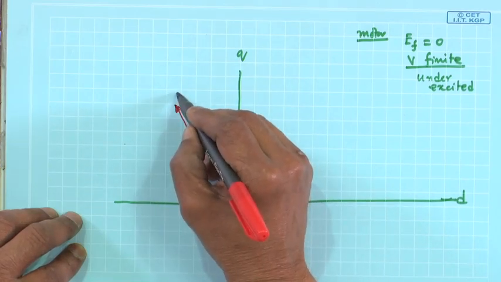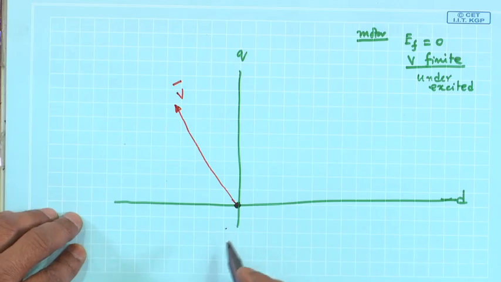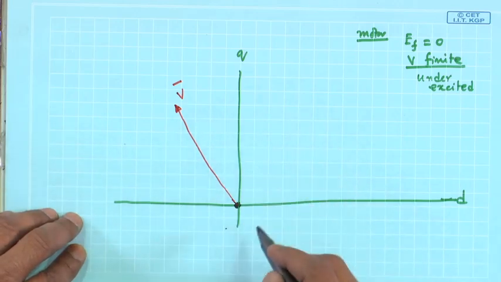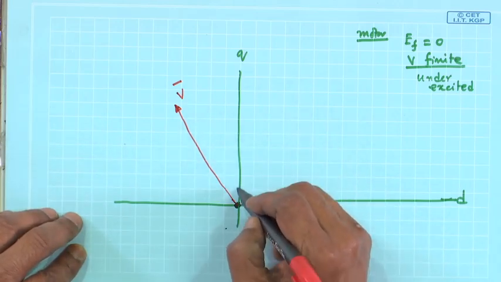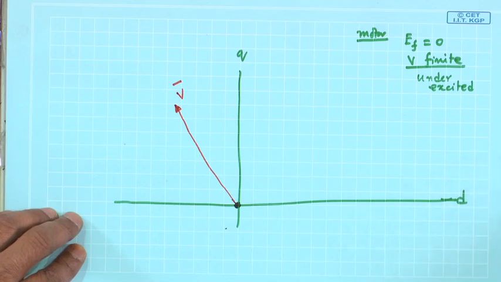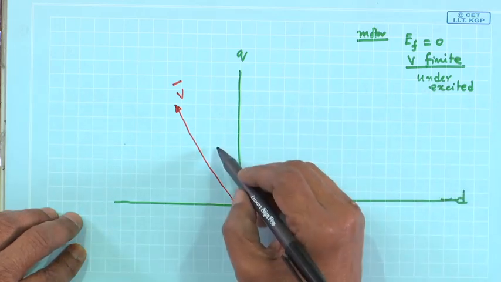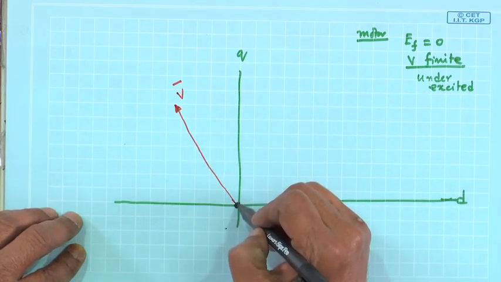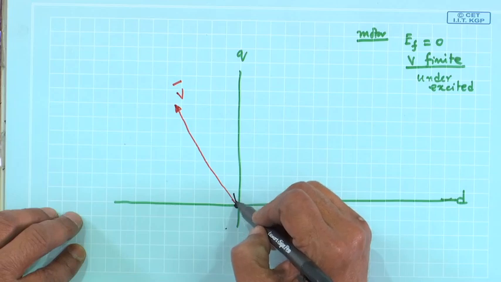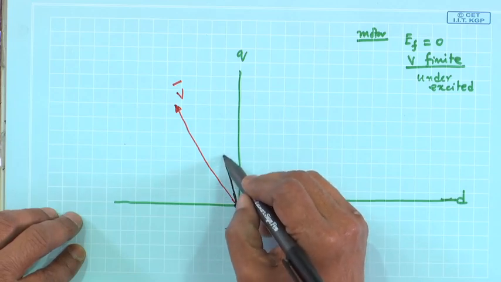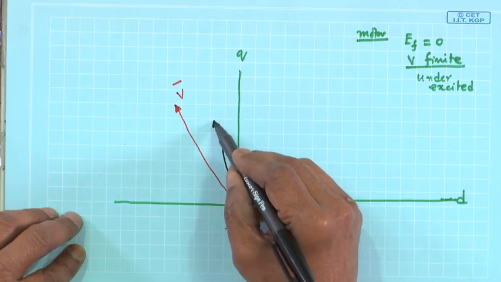This will be your V, and it is lagging current. So, suppose let me draw this lagging current like this here, Ia.